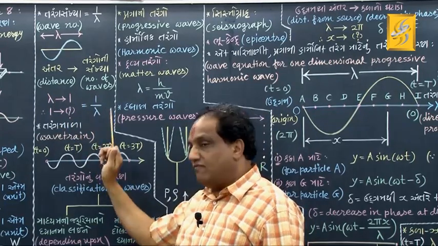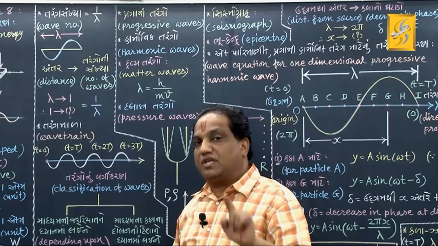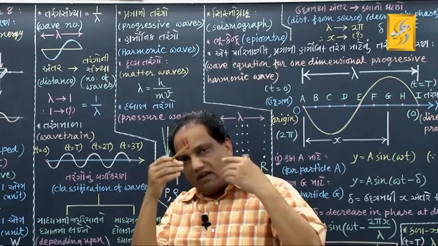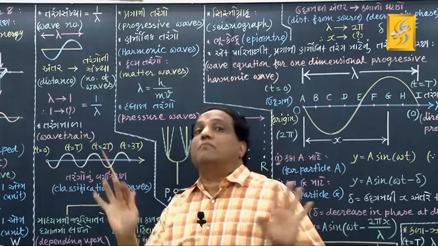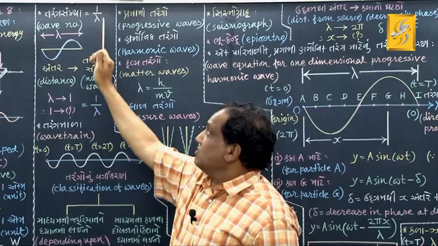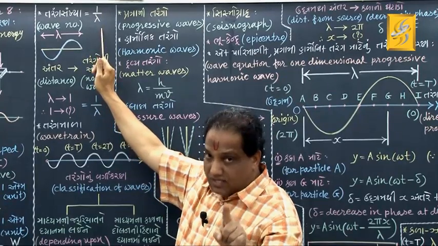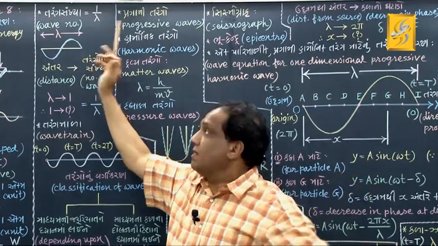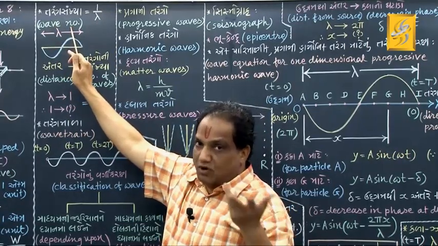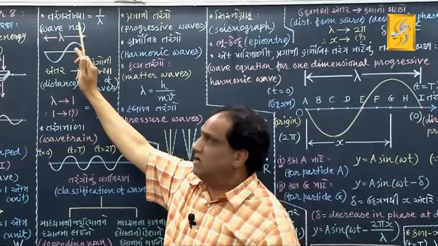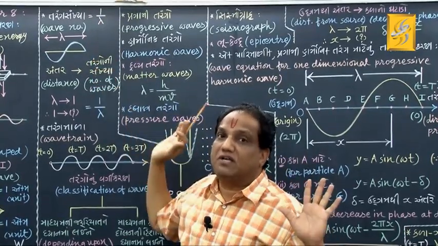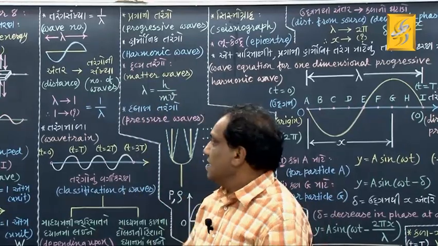So 1 upon lambda will give you number of waves in unit length, and that number of waves itself is known as wave number. So this 1 upon lambda gives you number of waves in unit length along the direction of propagation of wave, and that very number is called wave number, correct? What about SI unit of wave number? Very simple, 1 upon meter, that is meter inverse, okay?